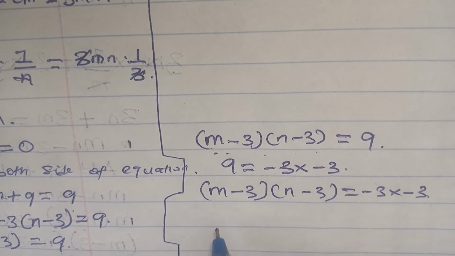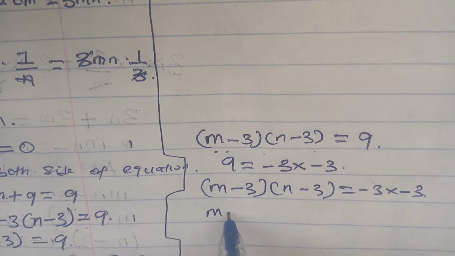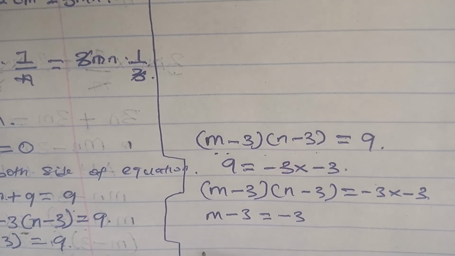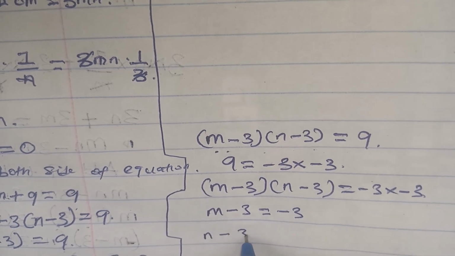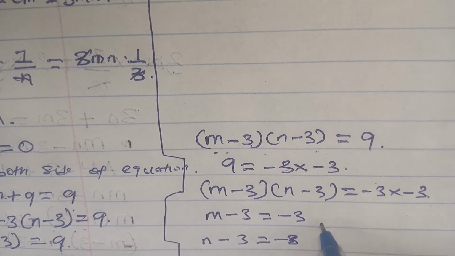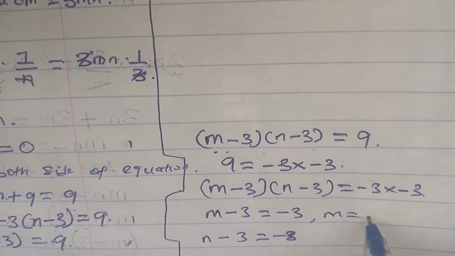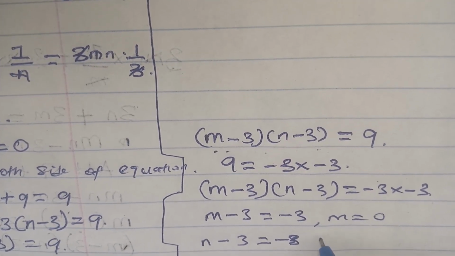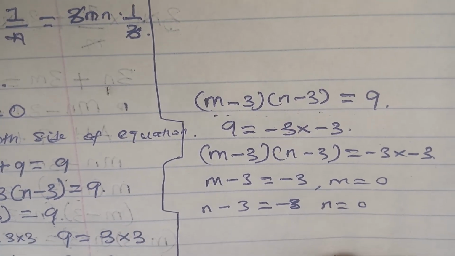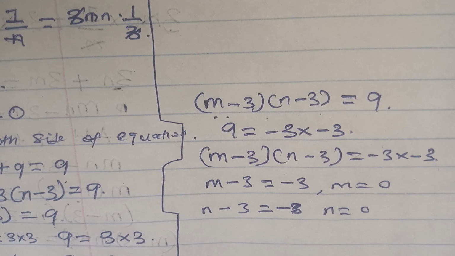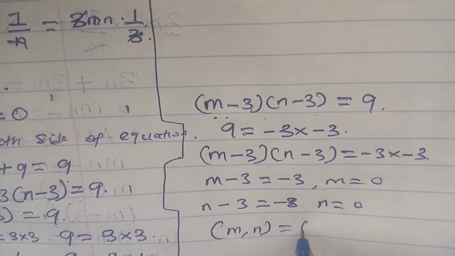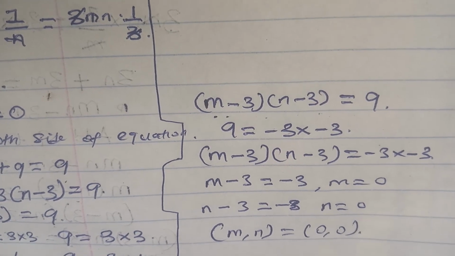So if you put it through, we can say m minus 3 is equal to minus 3, and n minus 3 is equal to minus 3. From here we can say our m is equal to 0 and our n is equal to 0. So we've looked for all the possible values for m and n. So m comma n is equal to 0 comma 0.